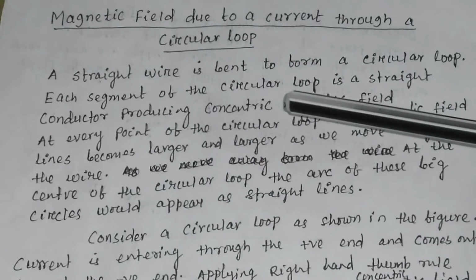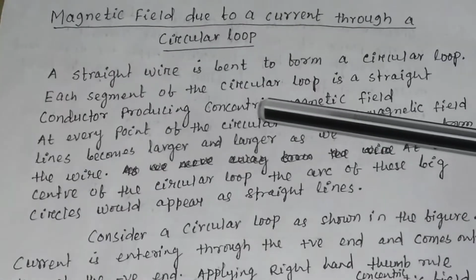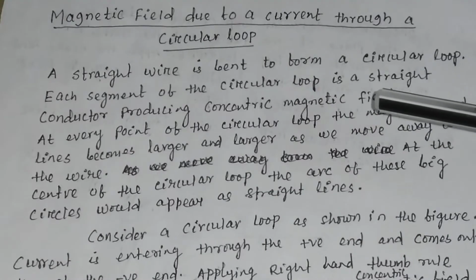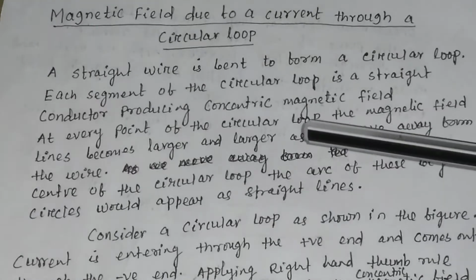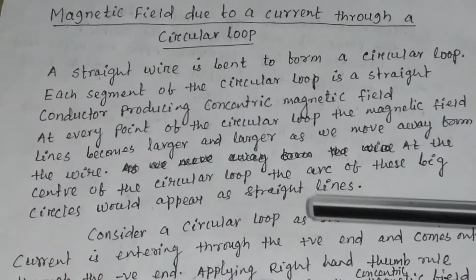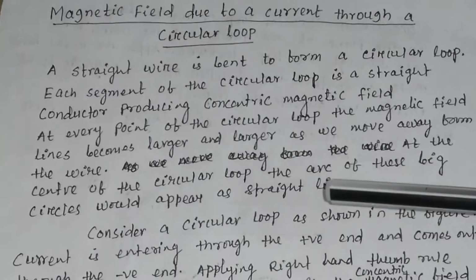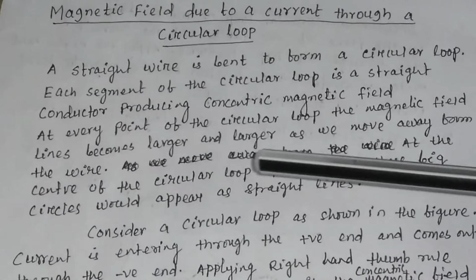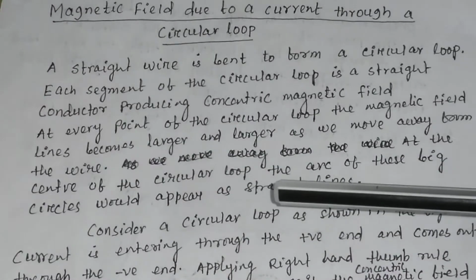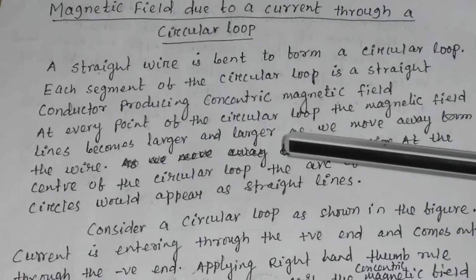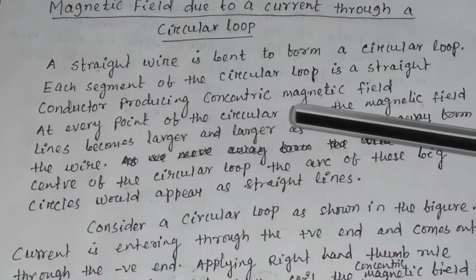each segment of the circular loop is a straight conductor producing concentric magnetic field. As we know, in a straight conductor, when current flows, magnetic field is produced in concentric loops. Similarly, for a circular loop, we can consider each segment as a straight conductor, and they produce concentric magnetic field.